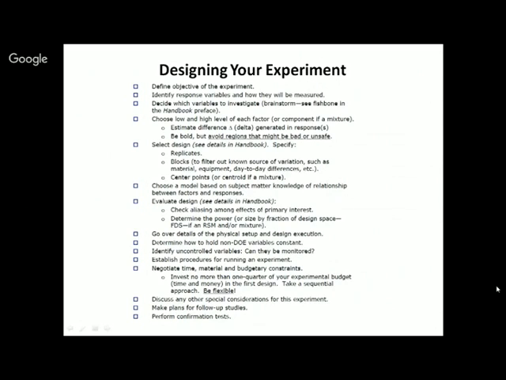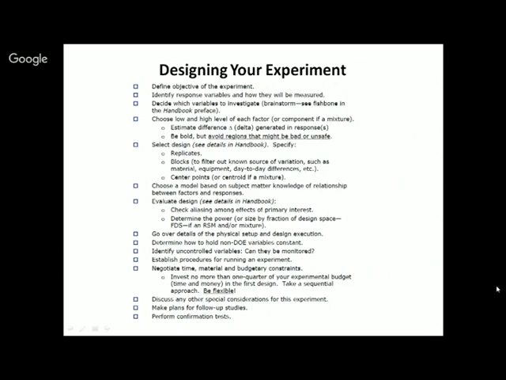Then you have to evaluate your design, then go over the design for physical setup and design execution work. Determine how to hold the non-DOE variables constant, identify your controllable variables, and whether they can be monitored or not, and establish the procedure for running the experimental work.